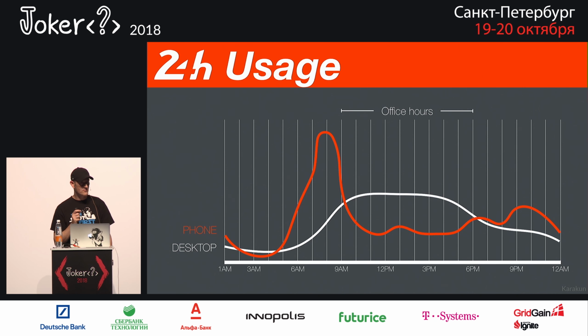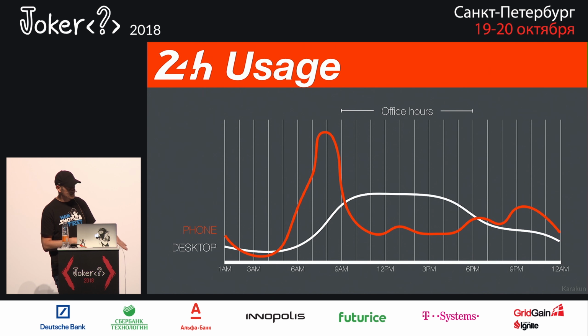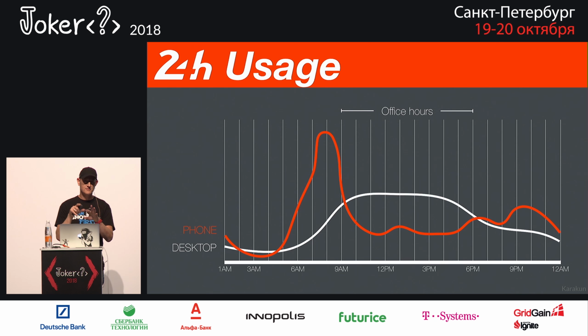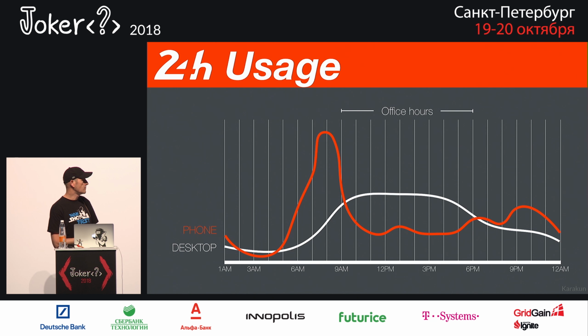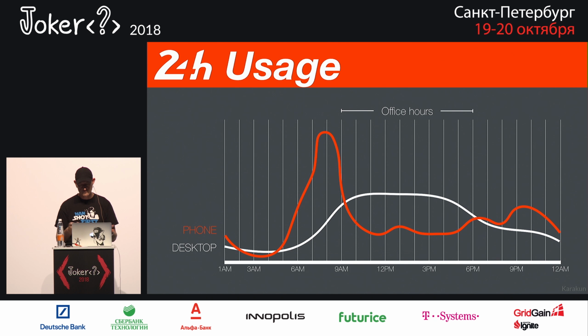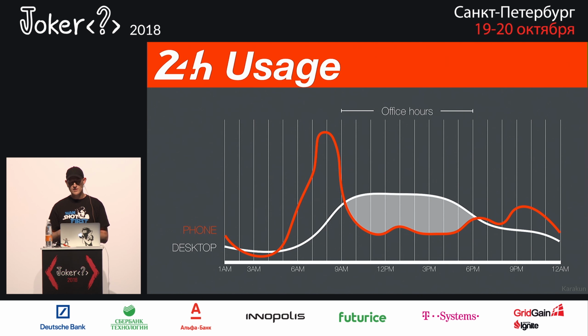You can very easily point out the breakfast time, because then everybody's on the phone, then move to work, and then it's going down. And after work, okay, I use my phone again. This is also a little bit older study, but I think if you have someone working in an office, this is still the same today. Well, the interesting area is this part in the middle, because there we can make use of both devices and increase the usability on the desktop, right?